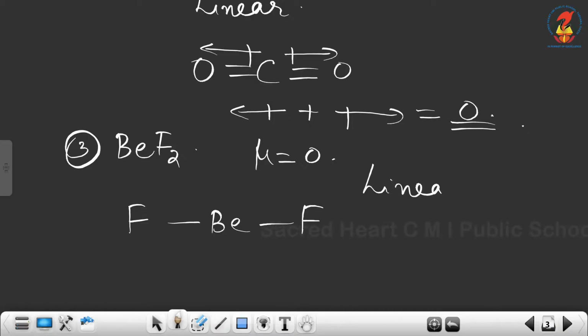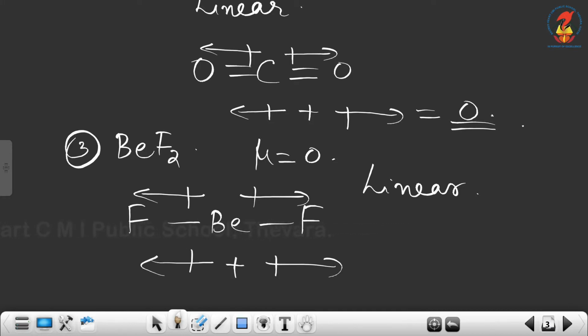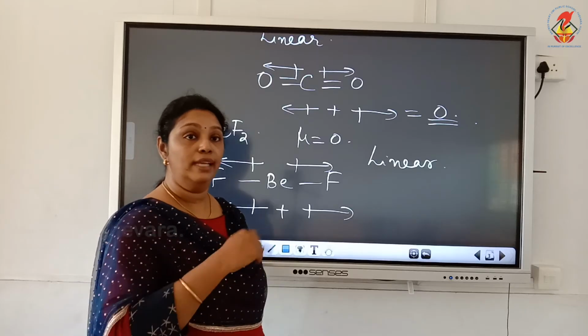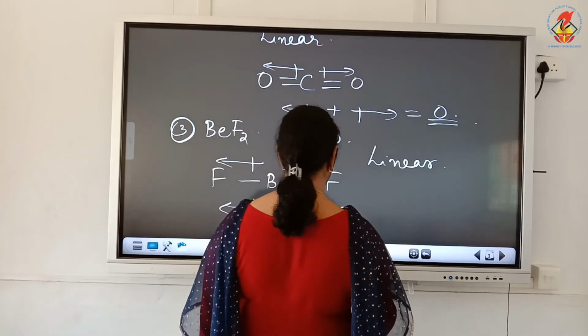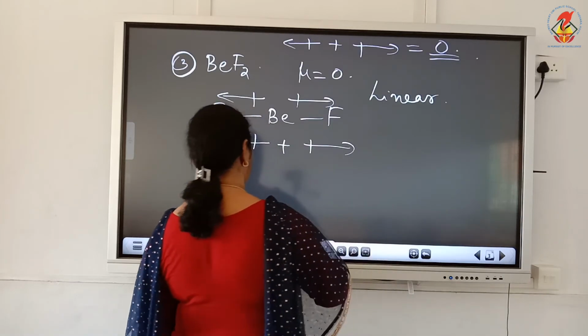Then again when you show the bond dipole, fluorine is highly electronegative, so the bond dipole is in this direction, here in this direction. Now what will happen? The resultant dipole moment value will be equal and opposite, so they cancel each other. So the dipole moment value of BeF2 is 0.